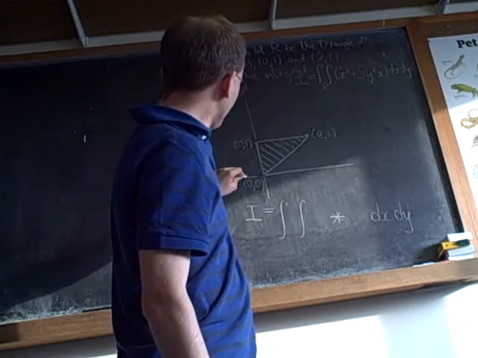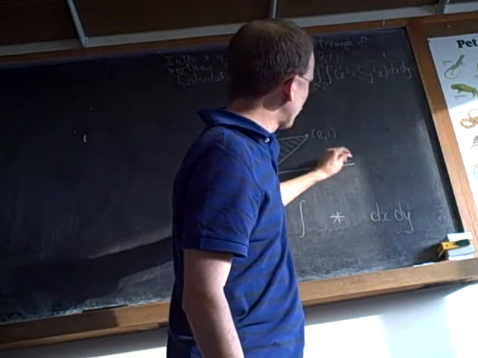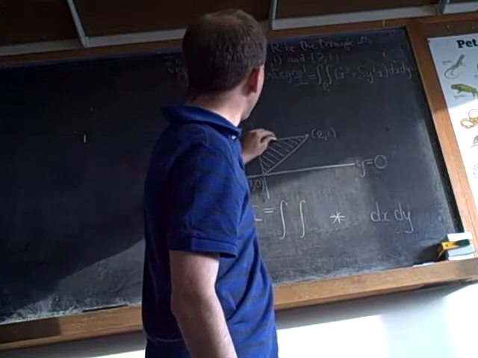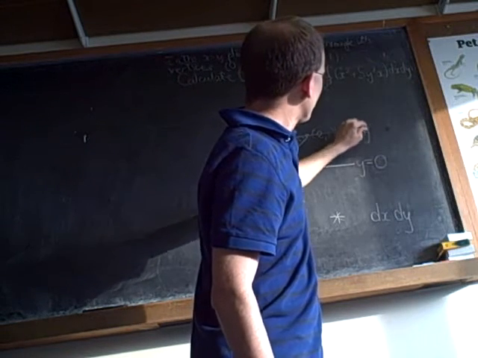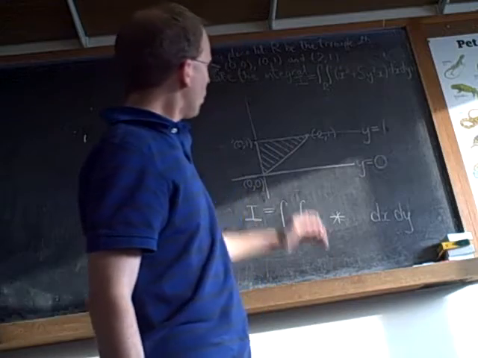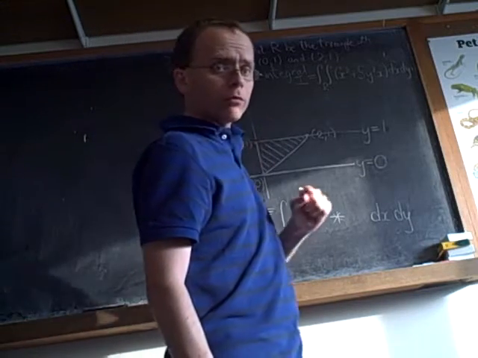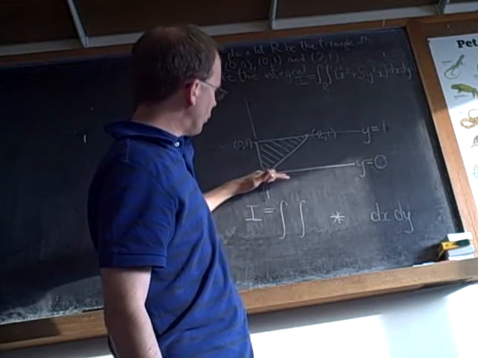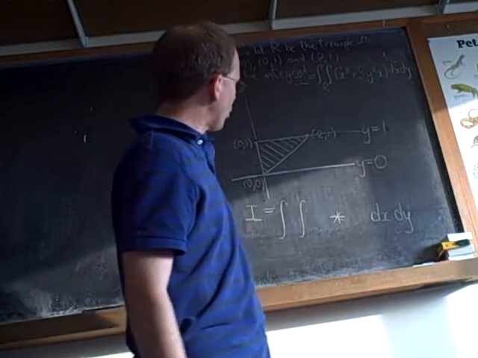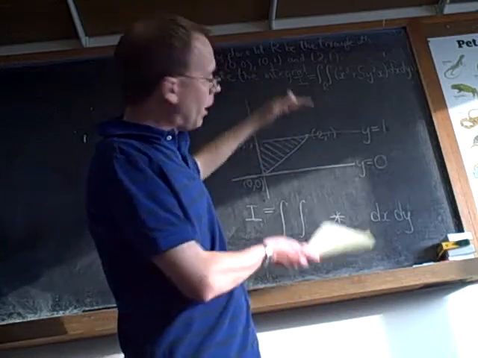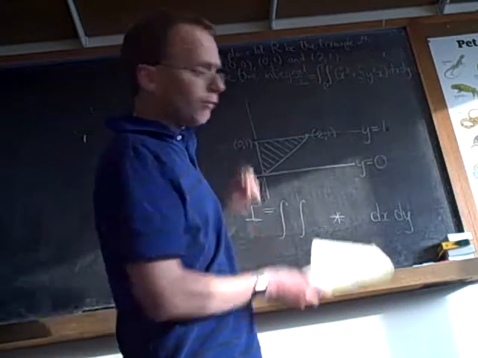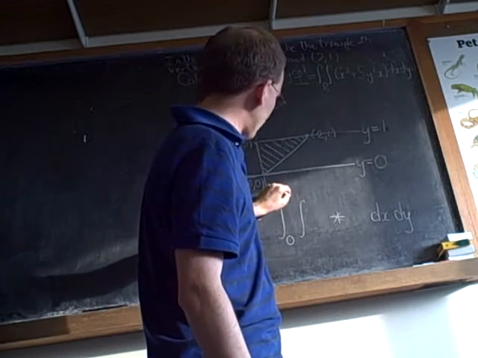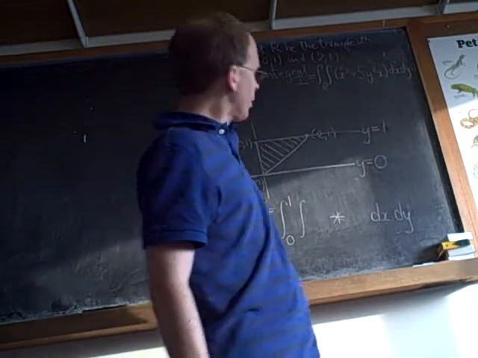In fact, I can put in those horizontal lines on the diagram. y equals 0 and y equals 1. y equals 1 in fact forms part of the boundary of the triangle. y equals 0 only just touches the triangle in the corner. But these are the horizontal lines that grip this region vice-like. Okay, so I put the 0 and the 1 as the limits for y on the outside.